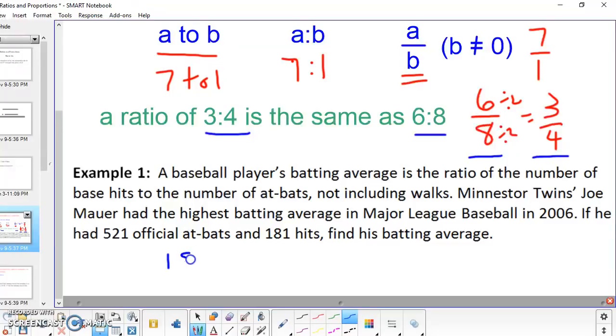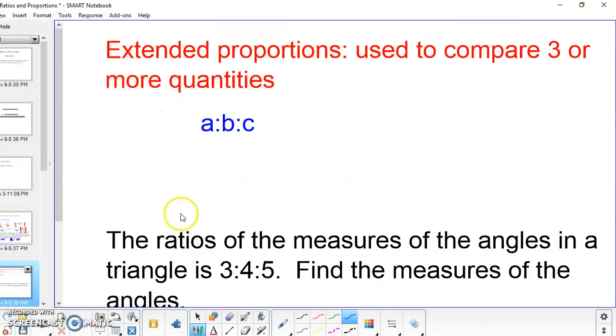So the ratio would be 181 hits to 521 at-bats, or 181 over 521. And if you keep track of stats and look them up, they turn that fraction into a decimal, 181 divided by 521, which gives a batting average of .347. So a ratio is just a comparison of two numbers.